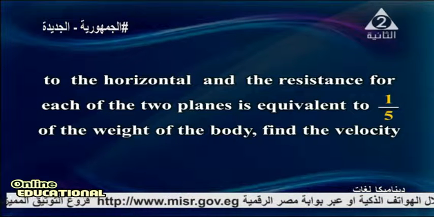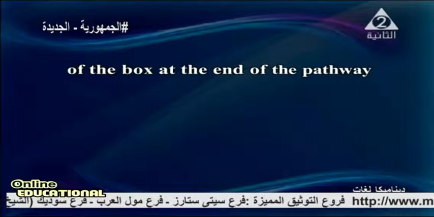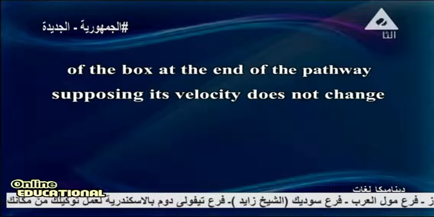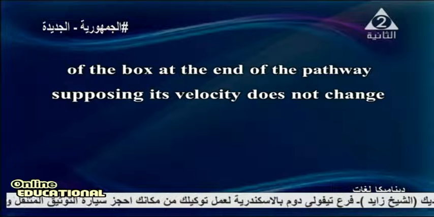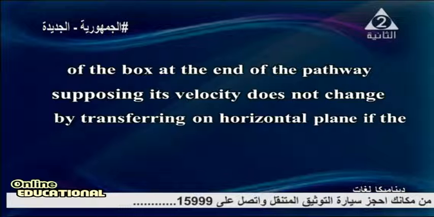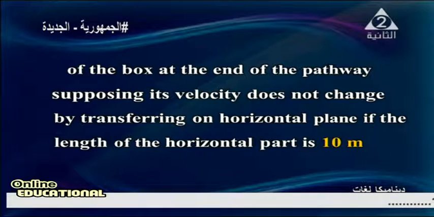Find the velocity of the box at the end of the pathway, supposing that its velocity doesn't change by transferring on horizontal plane, if the length of the horizontal part is 10 meters.